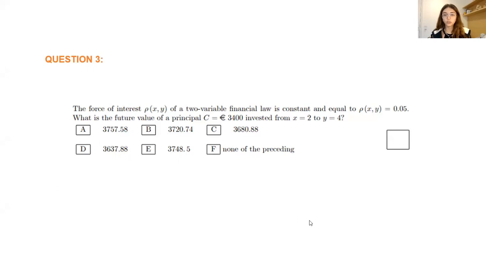When you're done, you can also just put your answer in the chat. So you think it's A?